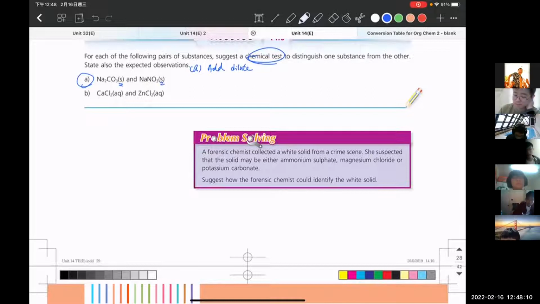Hydrochloric acid. Dilute hydrochloric acid to each solid respectively. Observation, please. We have got 2 cases, right? The one which gives what?